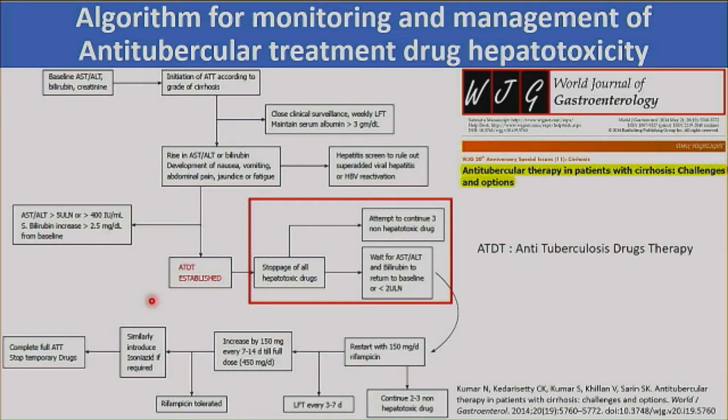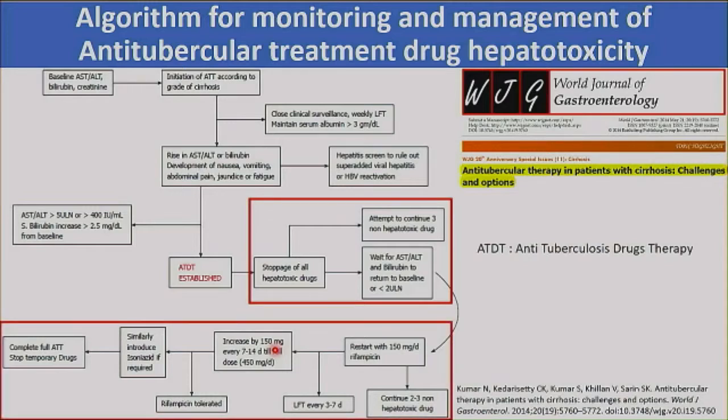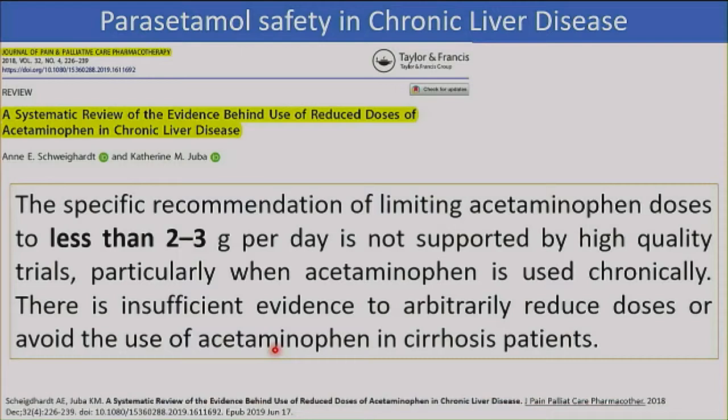If DILI happens, we have to stop the drugs first, and then when the bilirubin becomes under 2 and ALT becomes under 2, we can start the drugs again if we still need them, for example isoniazid from a lower dose first. And we must follow up the increase of ALT and AST.